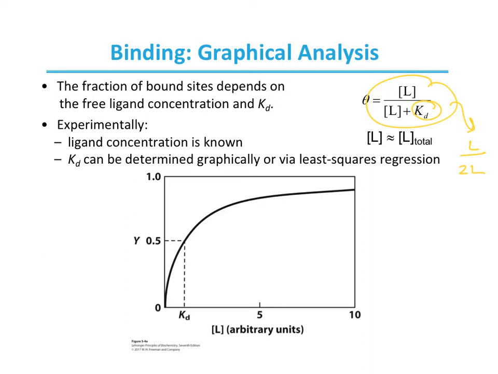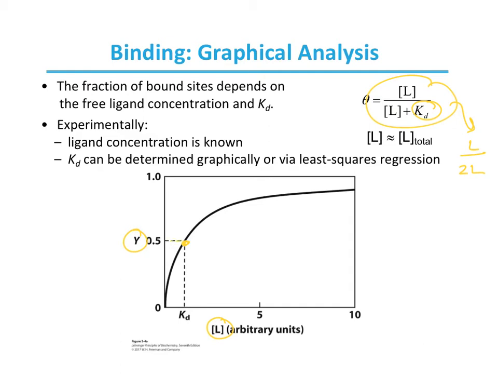So Kd can be determined by looking at a curve, a graph of the fraction of bound sites versus the concentration of ligand, and determining the concentration when the fraction of bound sites is exactly 0.5. So here, if we look at this curve, the x-axis has the concentration of the ligand, the y-axis has the fraction of bound sites.